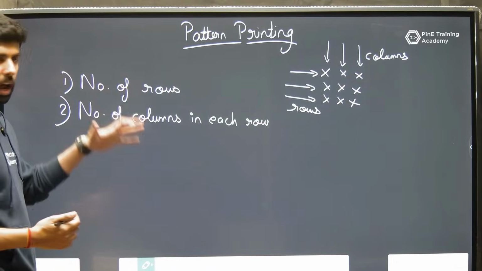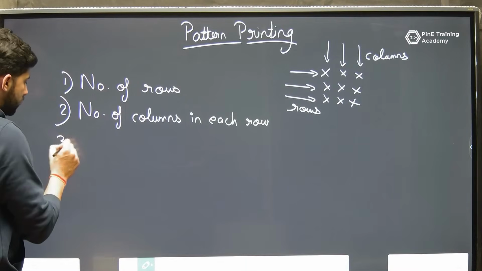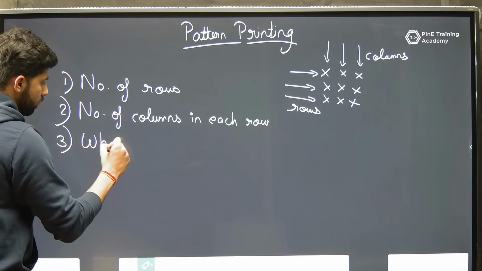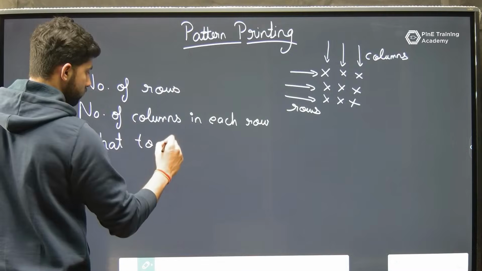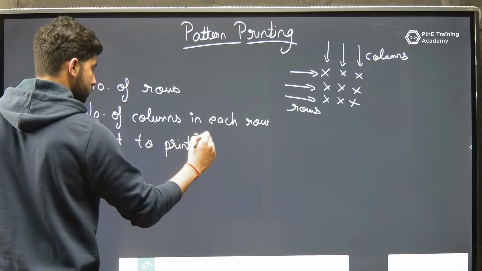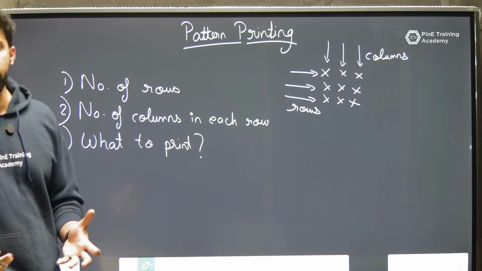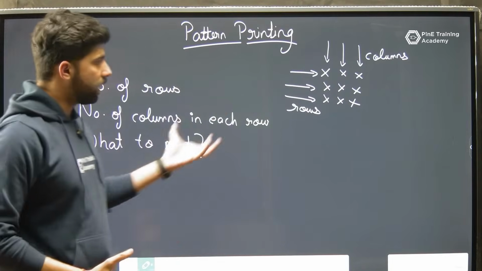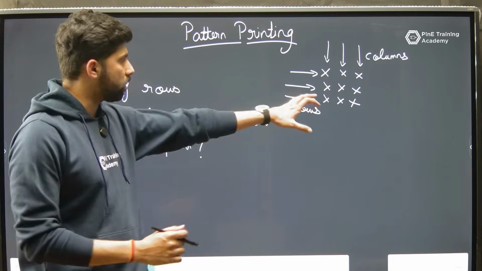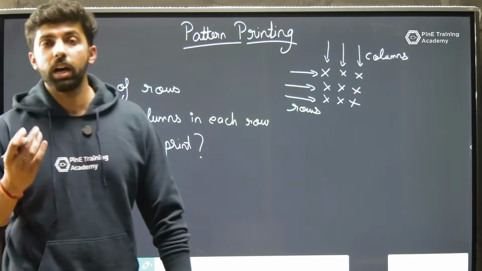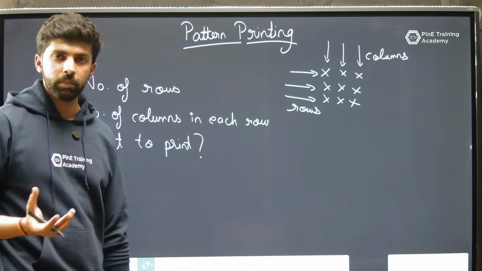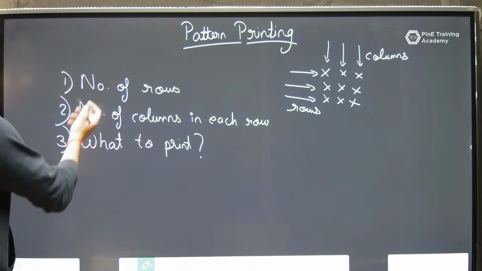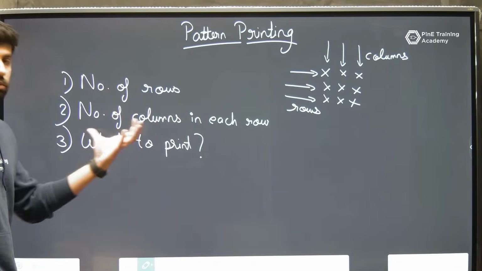And third is what to print. Are we printing stars, crosses, numbers, alphabets? What are we going to print? So these three steps are: number of rows, number of columns in each row, and what to print.